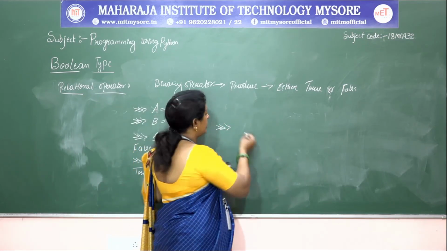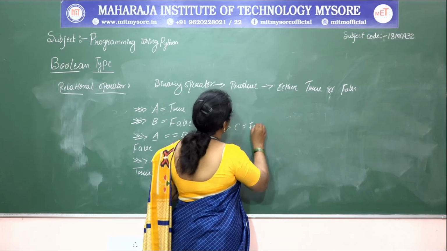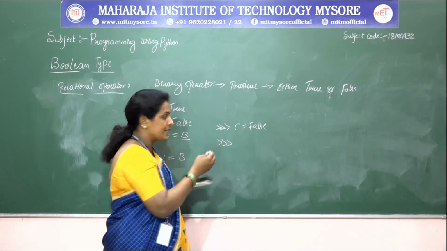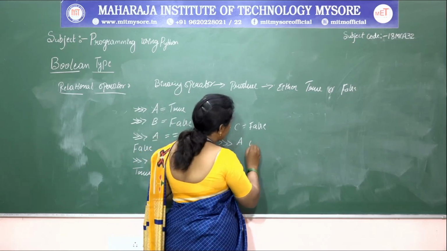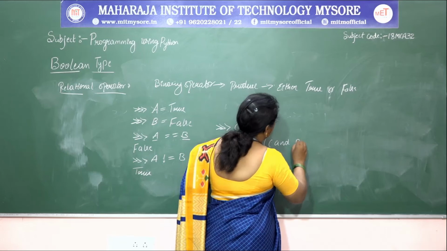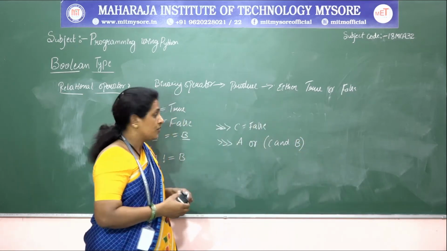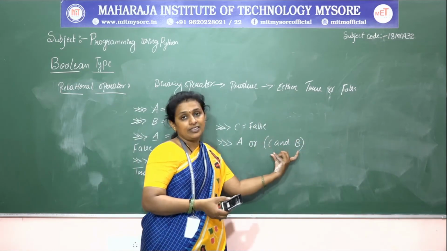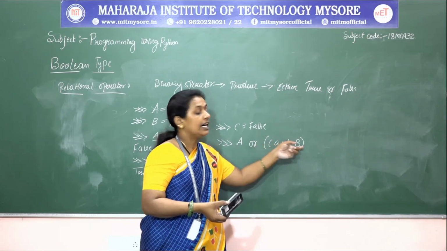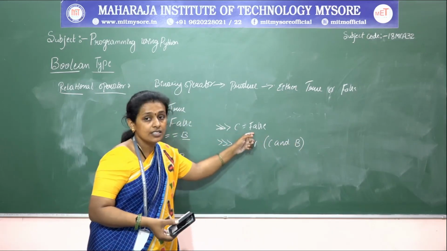Let's take one more variable, C equal to false. Then evaluate the expression: A or (C and B). With respect to this, parenthesis has the highest precedence, so this will be evaluated first, C and B. C value here is false.